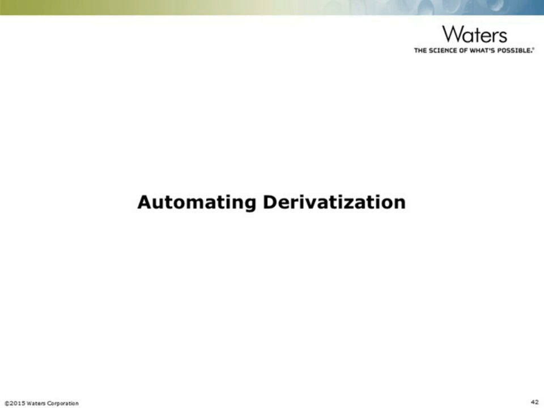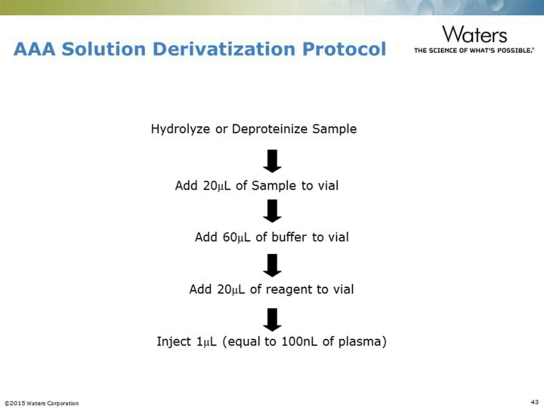Now, in doing these kinds of assays, we are doing a derivatization of the amino acids that is a manual derivatization. And we have investigated the possibility of automating this derivatization for the convenience of the user. The steps in the derivatization protocol always begin with either hydrolysis or deproteinization of the sample.